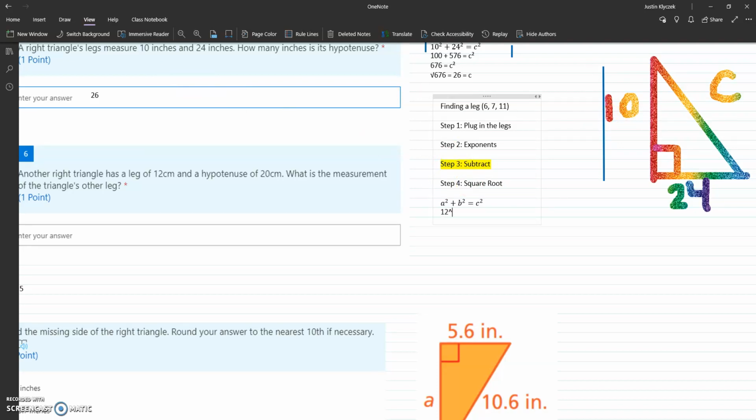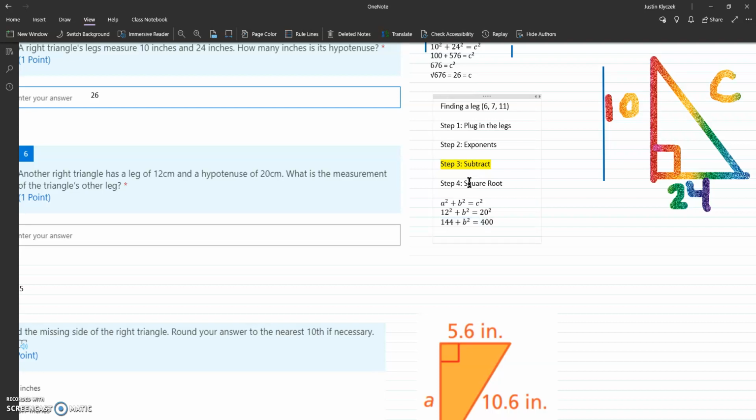I'm just going to put the 12 in for the A. You could put it in for the B, it doesn't make any difference. So we've got 12 squared plus B squared equals 20 squared. Now you could have A squared plus 12 squared equals 20 squared. It would be the same answer when you get done. All right, so now I'm going to do my exponents. Step number 2, exponents. So 12 squared is 144.